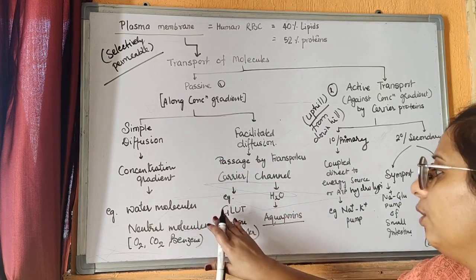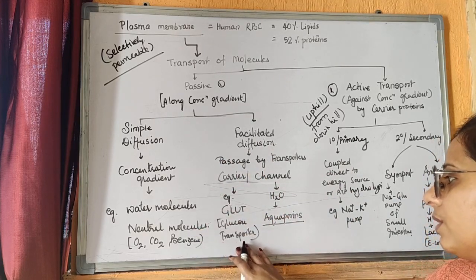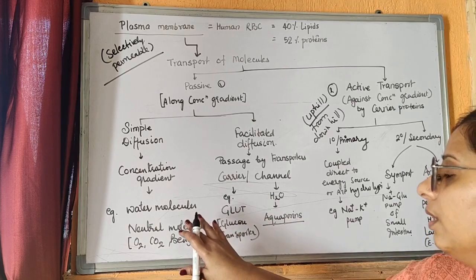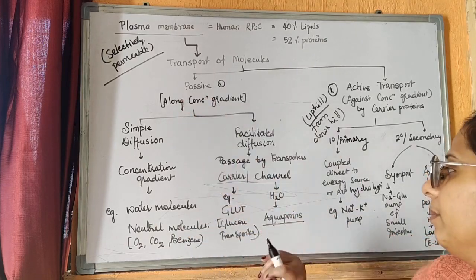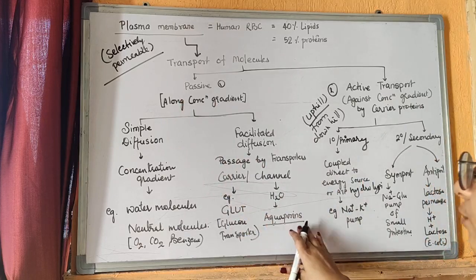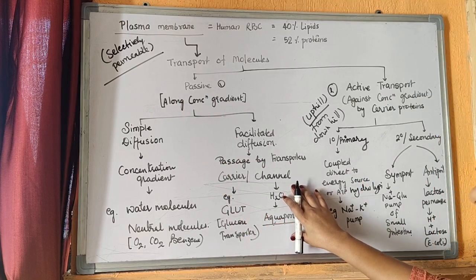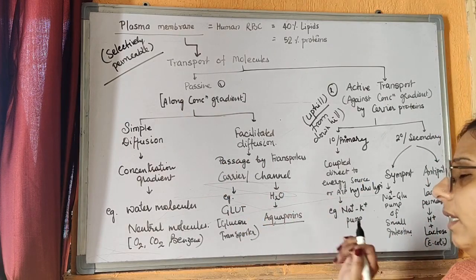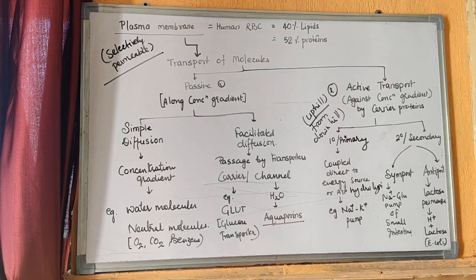The carrier molecule includes the example of the glucose transporter that helps in the transport of glucose via the plasma membrane. The channel includes aquaporin, a special protein channel for the transport of water via the plasma membrane.